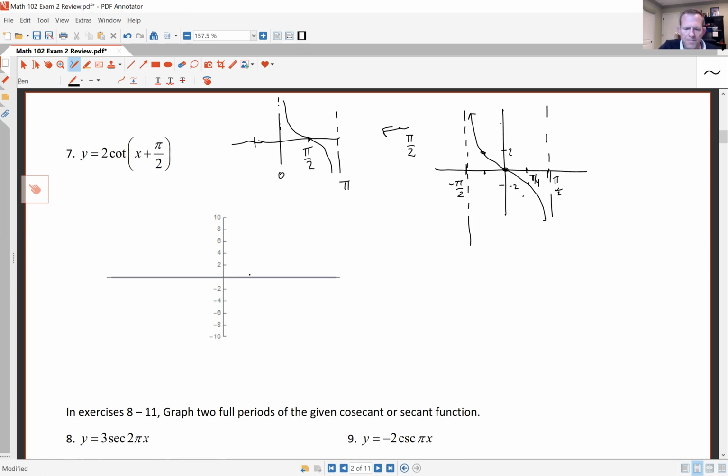So we got one pi over 4, 2 pi over 4, 3 pi over 4, 4 pi over 4, 5 pi over 4, and 6 pi over 4.